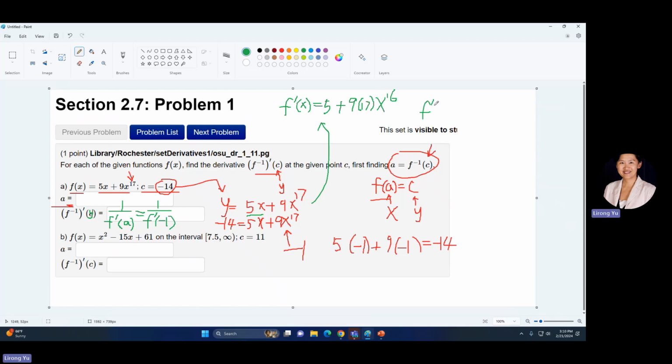So f prime of negative 1 equals 5 plus 9 times 17, and negative 1 to the 16th power is 1. If it's multiplied by 1, you don't have to multiply. That will be the answer, which goes in the denominator.